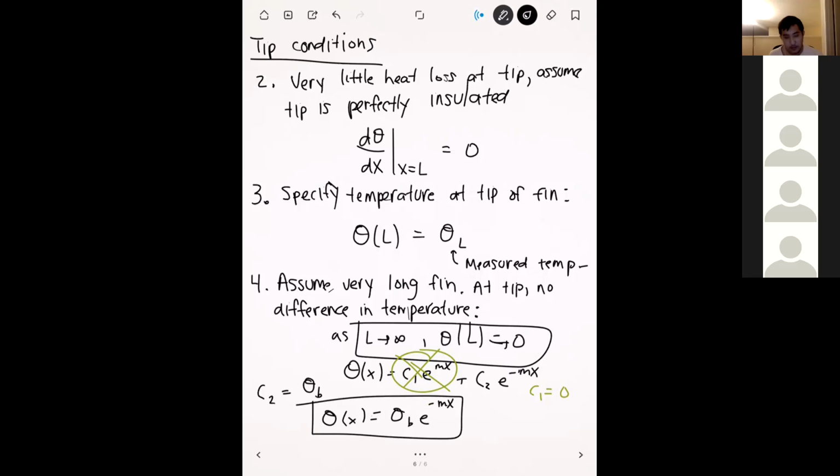For a lot of the problems that we'll do with fins, this is the condition that we'll usually assume because mathematically it's the simplest one.